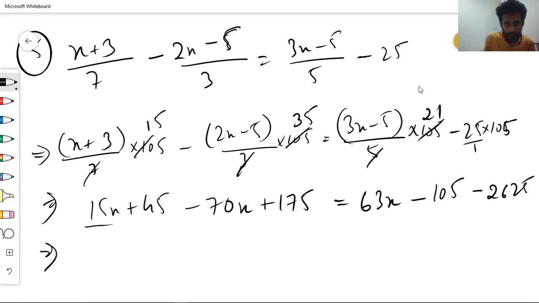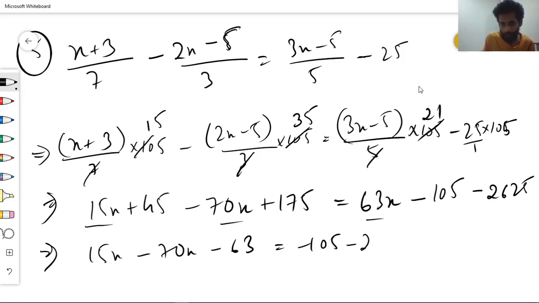Next we will bring all this together. 15x minus 70x minus 63x is equal to minus 105 minus 2625 minus 45 minus 175.